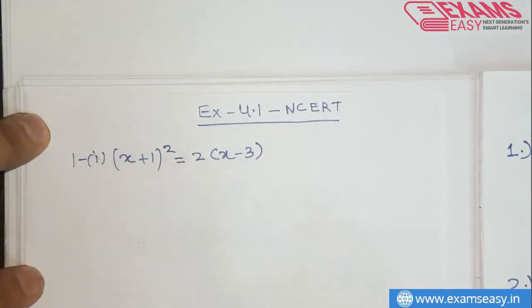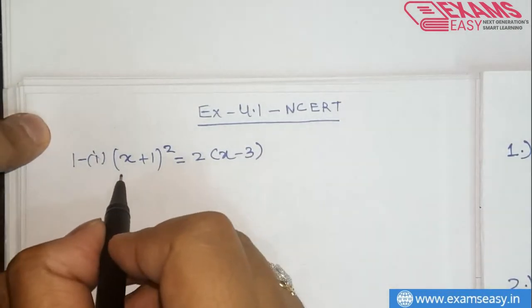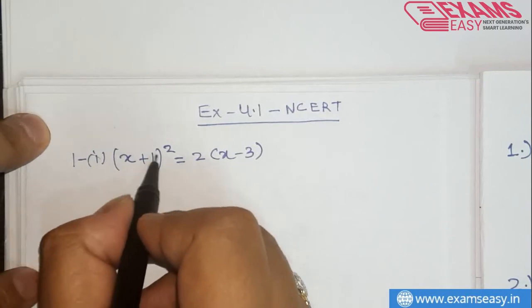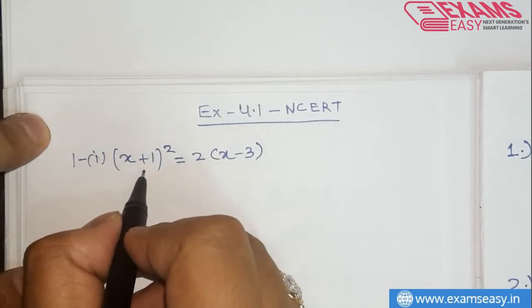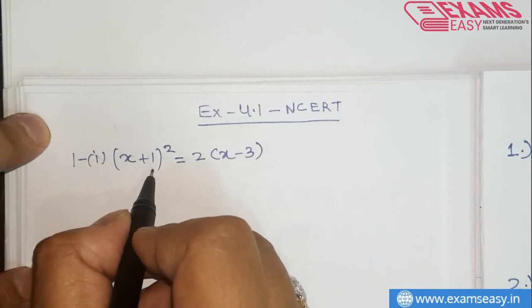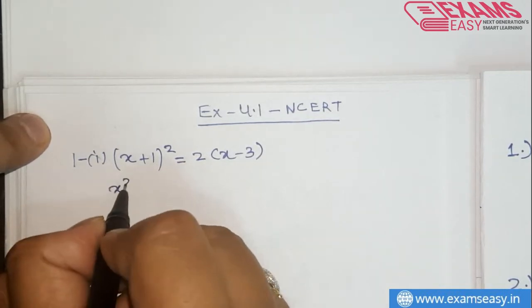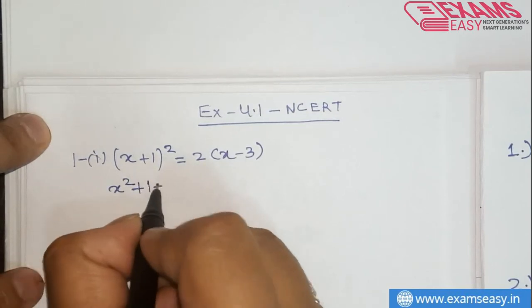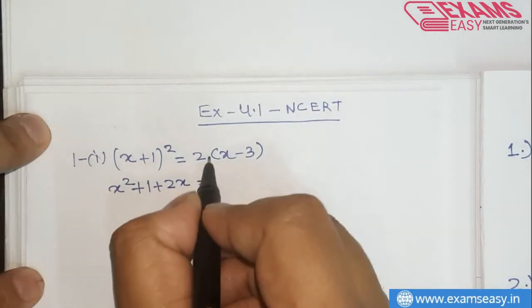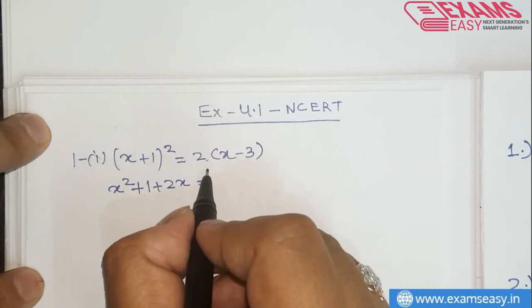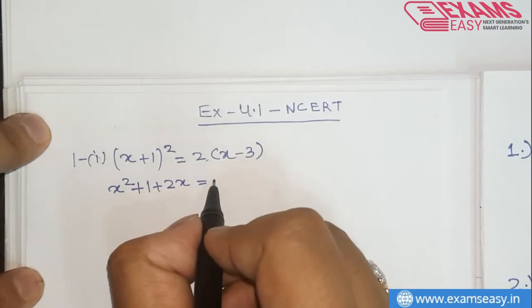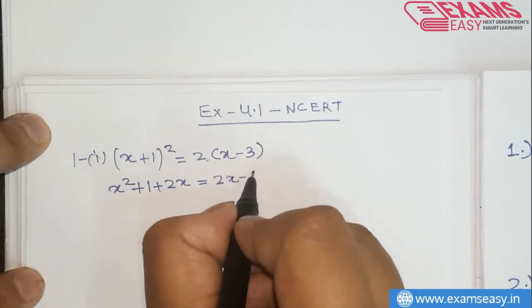So let us solve the left hand side. If you open this identity, (x plus 1) whole square is nothing but x square plus 1 square plus 2 into 1 into x. So it will become x square plus 1 plus 2x, and if we multiply this 2 with this expression, then we will get 2x minus 6.